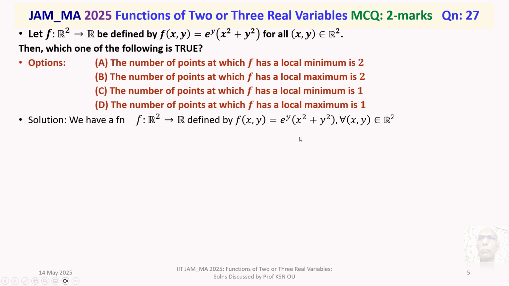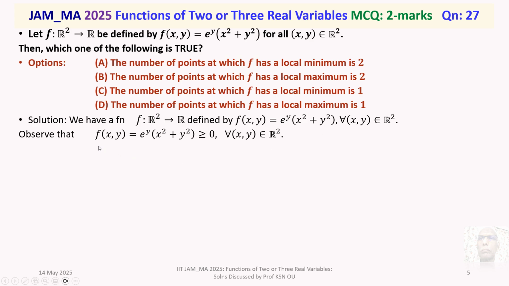We have this function. You observe that e power y is always greater than 0. x square plus y square is greater than or equal to 0 for all ordered pairs x, y belongs to R square. Therefore, f of x, y is greater than or equal to 0 for all x comma y belongs to R square.